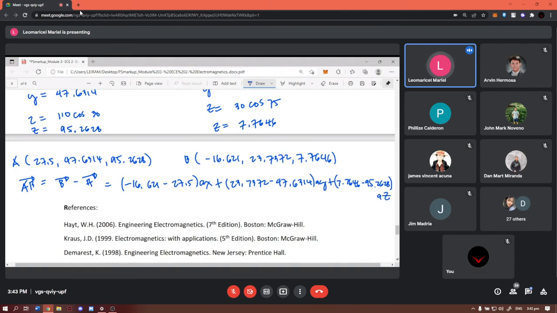So what will be your vector AB? So what is negative 16.621 minus 27.5? Negative 44.121 AX. Minus, so 23.7372 minus 47.6314.